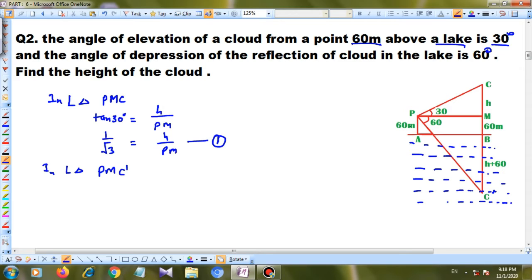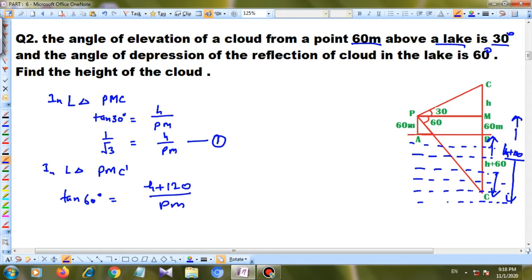So here tan 60 degree equal to, in this triangle the perpendicular will be C dash M, which is h plus 60 plus 60, so it will become h plus 120 upon PM.